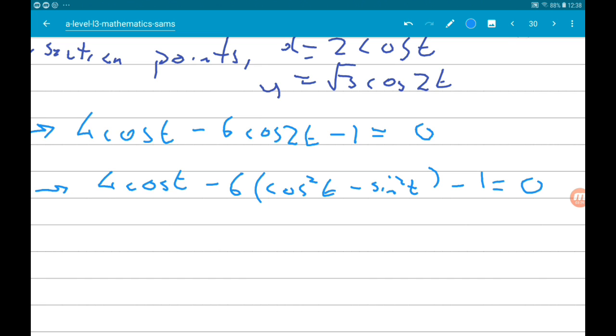Now we need to get rid of the sine squared. So we know that sine squared add cos squared is equal to 1, so sine squared is 1 minus cos squared.